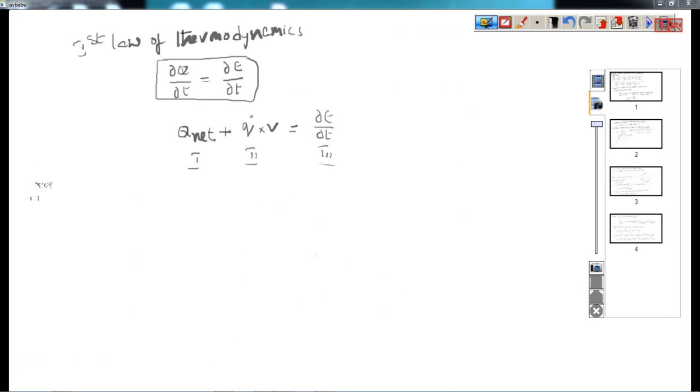The second one says, let Q dot be the heat generation rate per unit volume within the element.